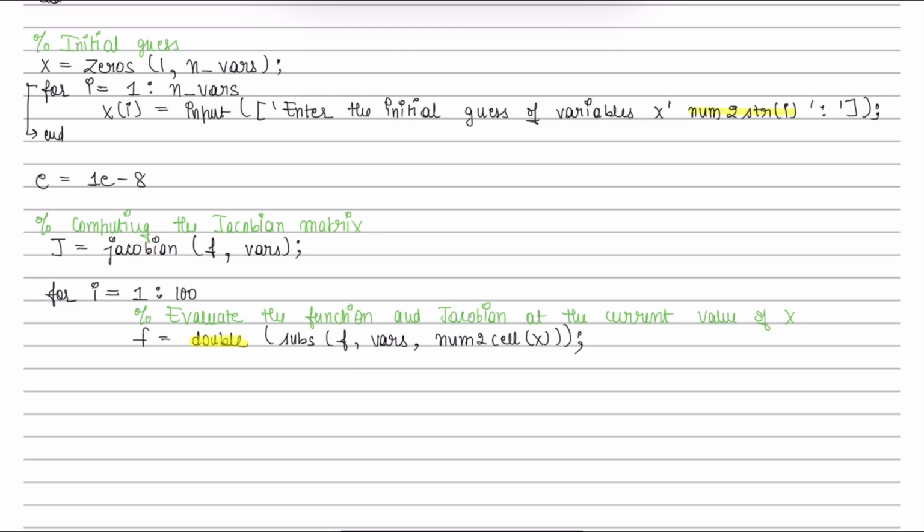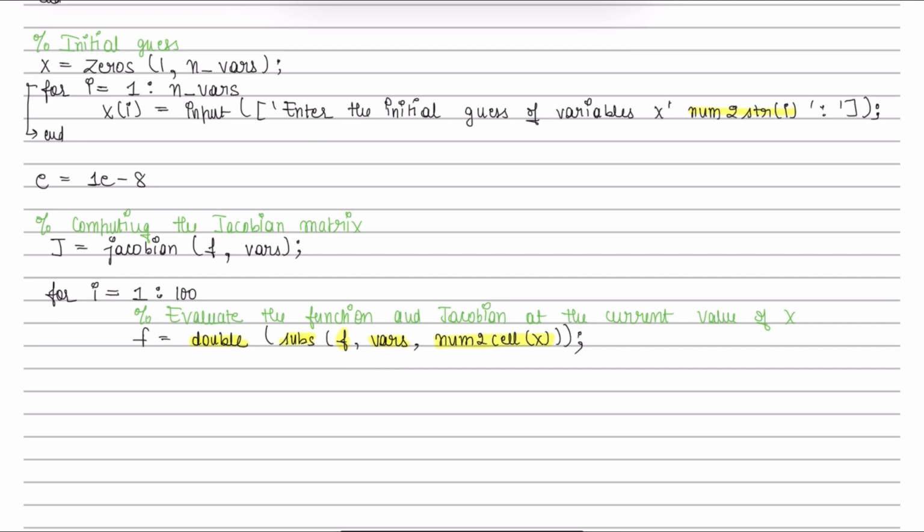Here the double function will help us to convert the result from the symbolic form to the numeric form, and subs will be used to substitute the values in symbolic expression, where f is my system of equations and vars are my collection of all the variables, and this num2cell X will convert the numeric array X into cell array of values, and this will ensure that each value in X is substituted correctly into the corresponding variables, that is vars.